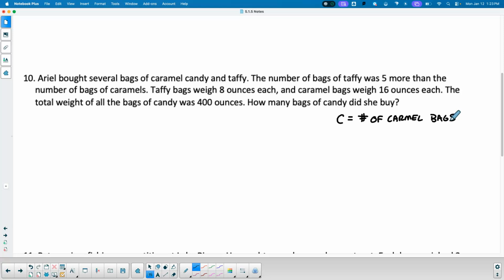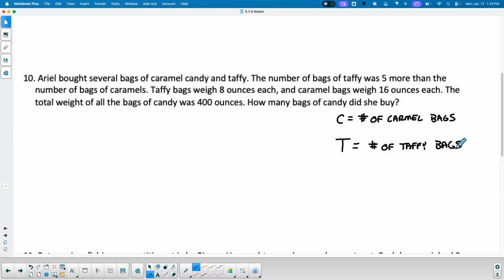And T, do we want to go with T? Because T looks like a plus, doesn't it? You could do capital T. Okay, all right, I'll go capital T. So that's the number of taffy bags, right?